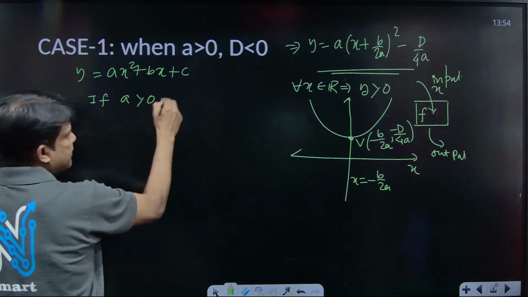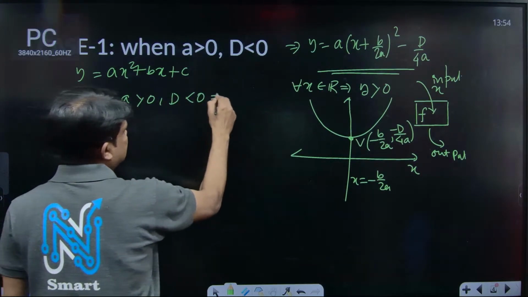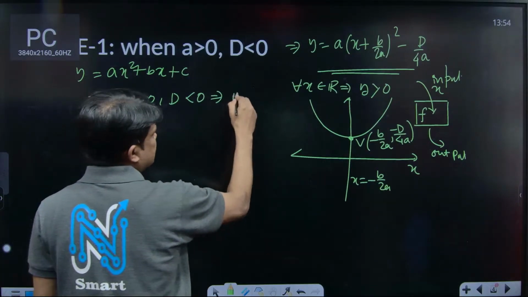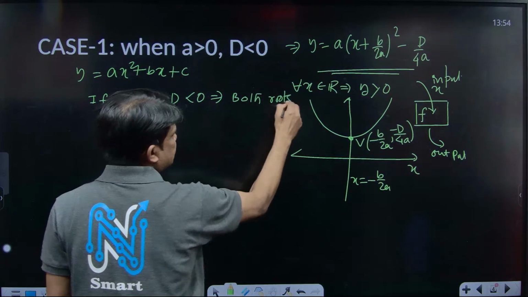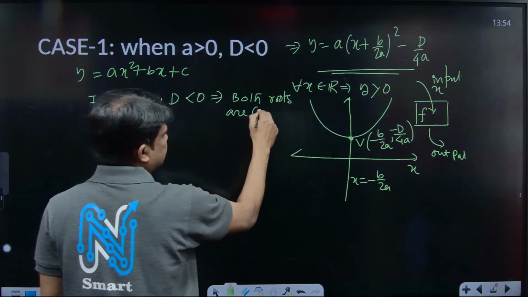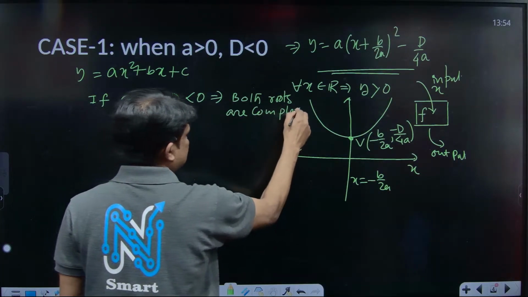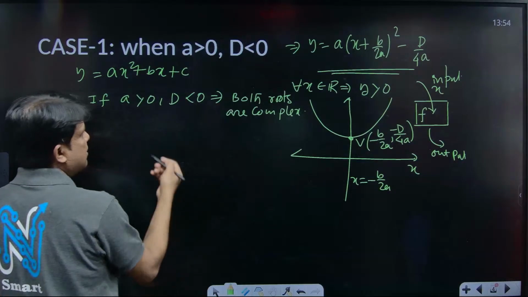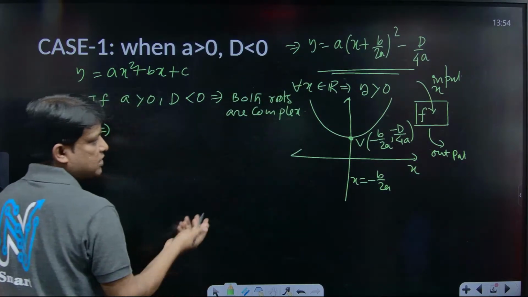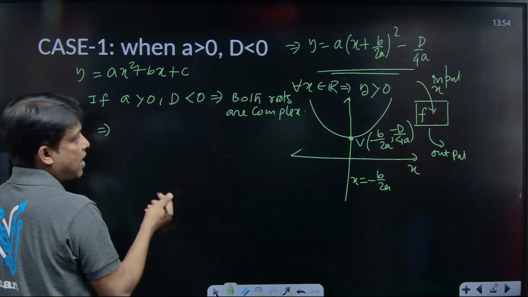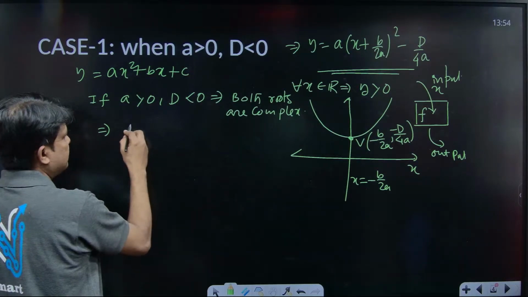If a is positive and D is negative, both roots are complex. That means y is strictly positive, that means the parabola is upward, above the x axis.